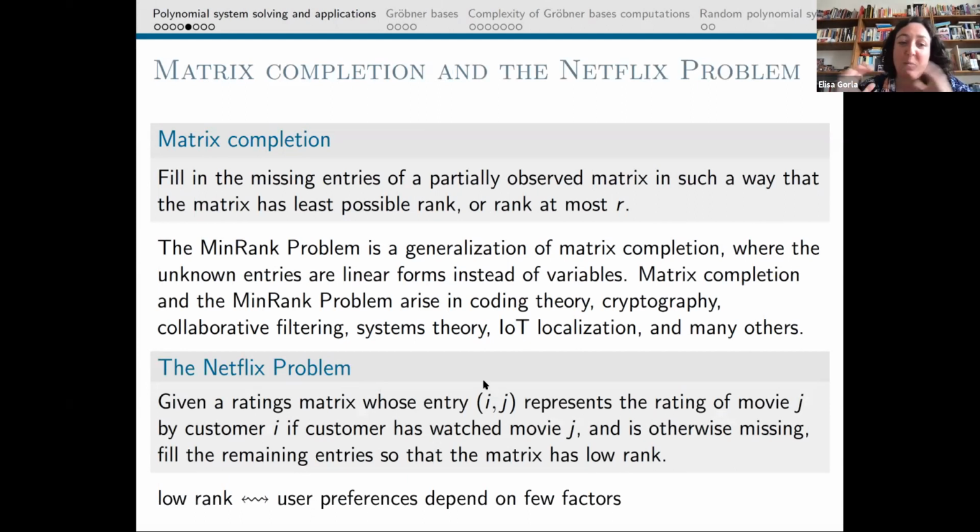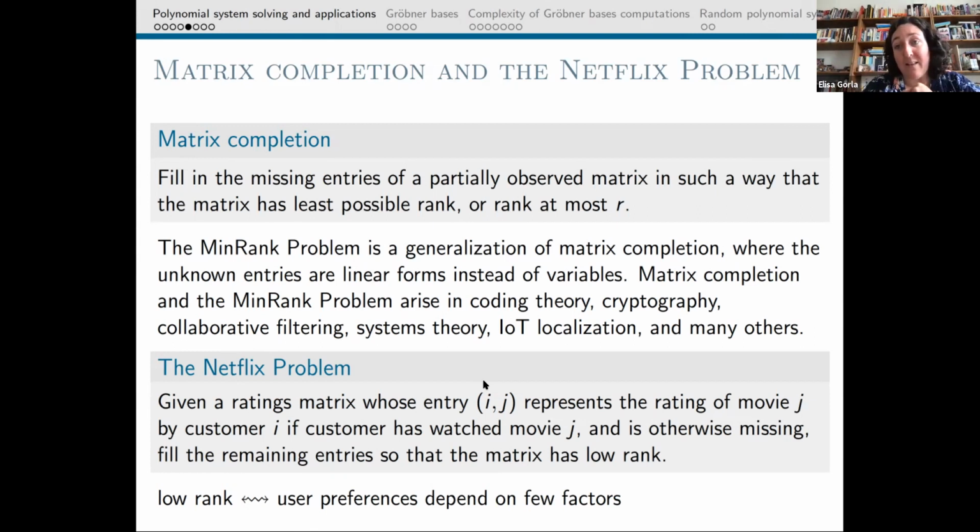In the Netflix problem, you're given a rating matrix, where there is a customer that watches several movies, and the customer gives certain ratings to the movies. And then there will be movies that the customer has not yet watched, and these are the entries that we don't know yet in the matrix.